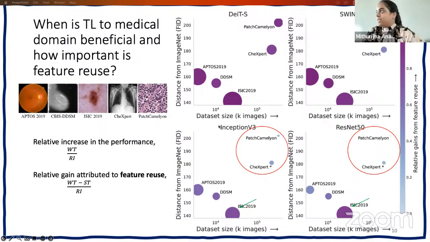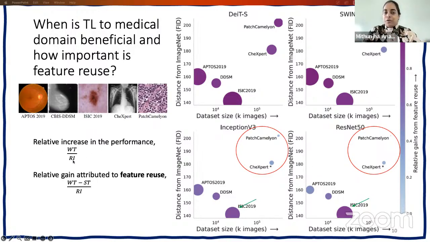I'm not sure what that means exactly. It is based on the images: you have the ImageNet data, the images, and the target images.